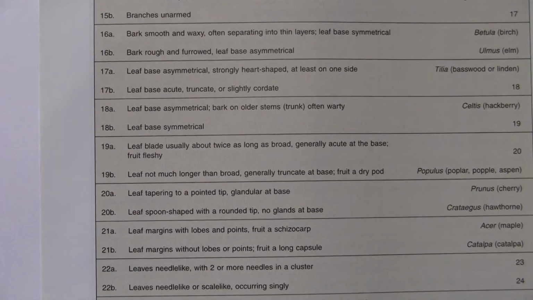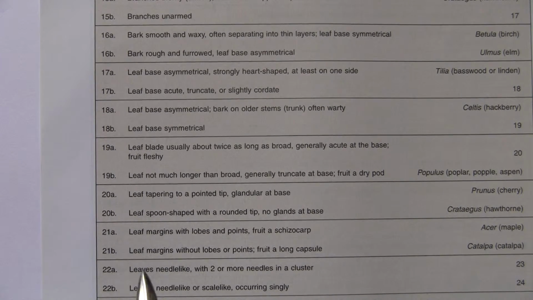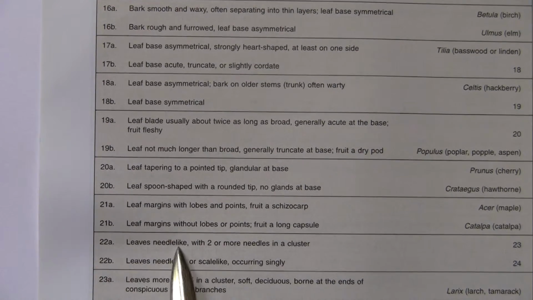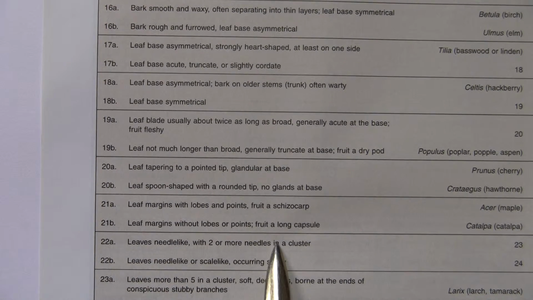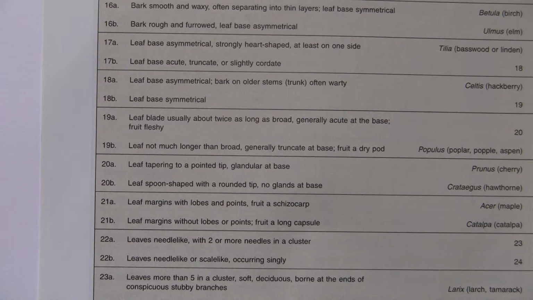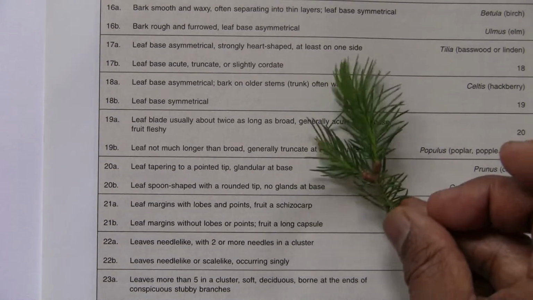Here we are. On to the 22nd point, we have another couplet, 2 points. And it says leaves needle-like with 2 or more needles in a cluster. Obviously, you saw my specimen seemingly having many.